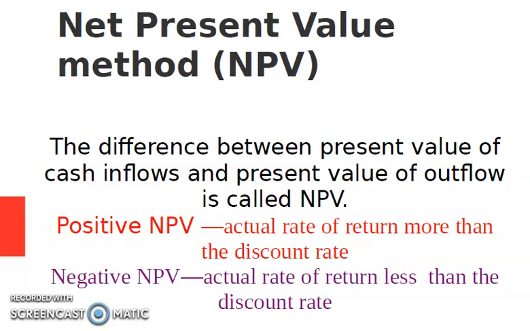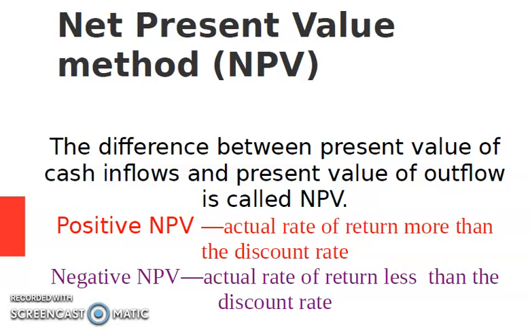The net present value can be positive or negative. It is positive when the inflows are more than the outflows. That is when the total present value of cash inflows is more than the present value of cash outflows. It is a positive NPV, which also means that the actual rate of return is more than the discount rate.